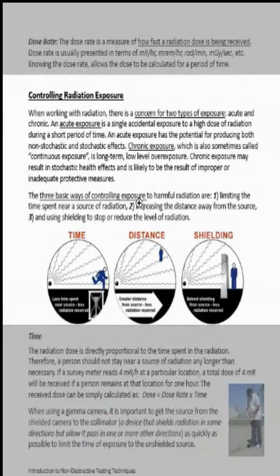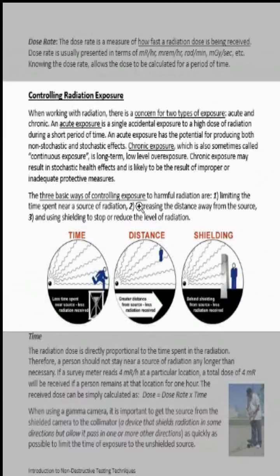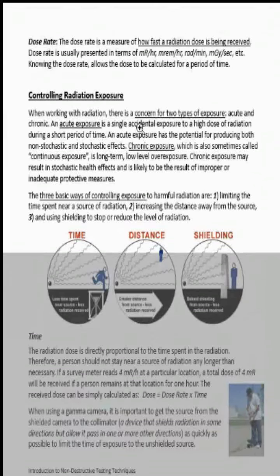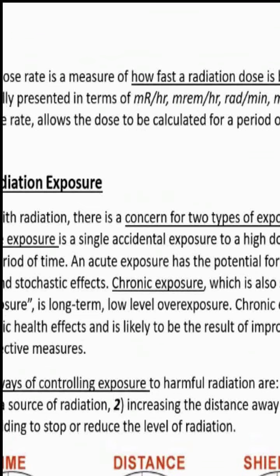Now, how do we control the radiation? And dose rate. Okay, one more thing, dose rate. The dose rate is a measure of how fast a radiation dose is being received.